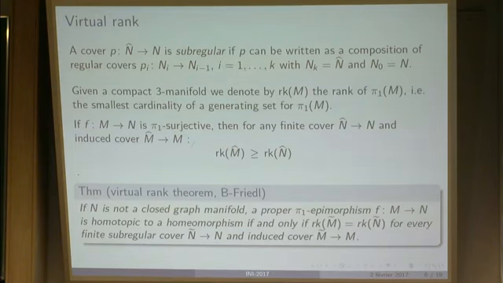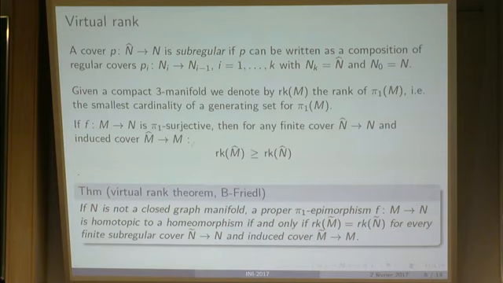And as I said, if you have a pi1 surjective map, then you have this inequality on the rank. Now the result says that if N is not a closed graph manifold, and you understand where the hypothesis is. If it's not a closed graph manifold, then by this virtual fibration theorem, there is a regular finite cover which fibers over the circle, and that will be the key point of the proof.